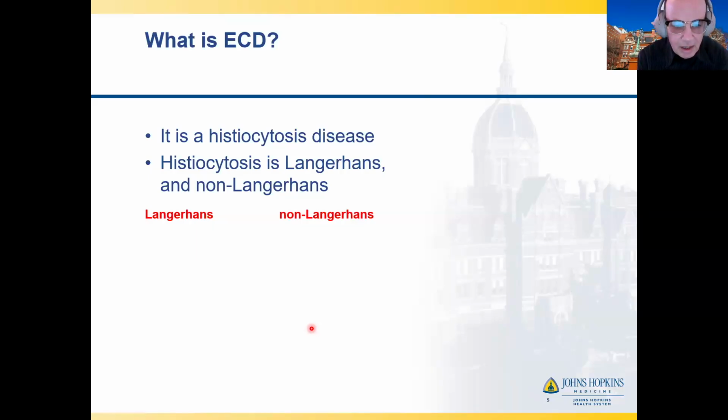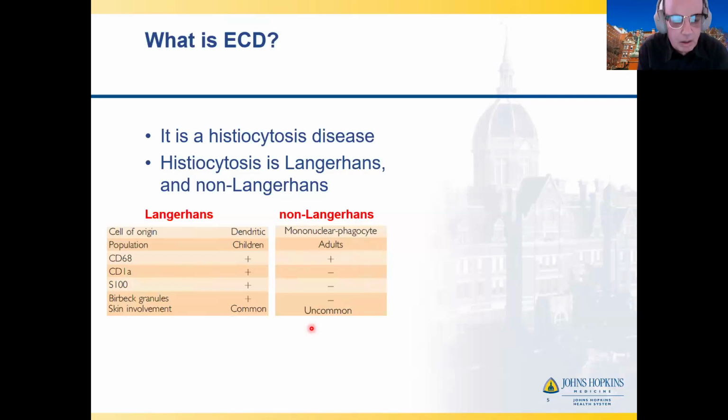So we usually divide histiocytosis into Langerhans and non-Langerhans. And the reason for this division is really driven by Dr. Paul Langerhans, a German pathologist, who was the first to describe Langerhans cells or histiocytosis.